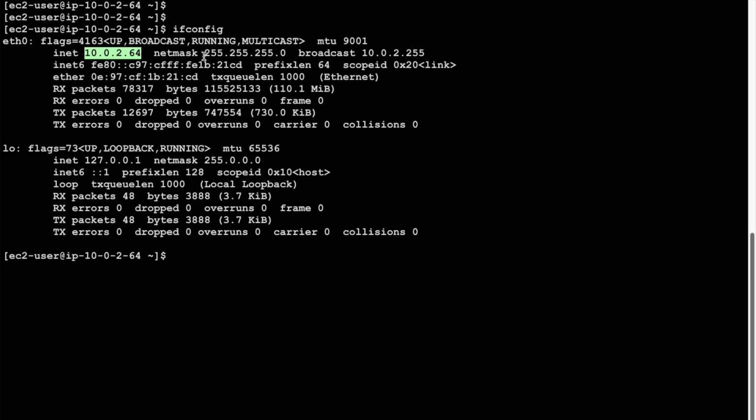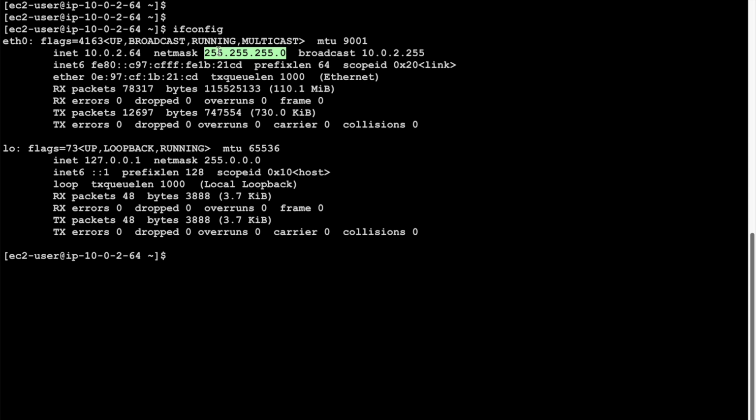Then we have something called netmask. The netmask gives us a glimpse about the network address. This is the IP address of the machine. As the EC2 instance is inside of a network or a subnet, how do we find out the network address of the subnet? Netmask helps us there. If you see, the netmask is 255.255.255.0.